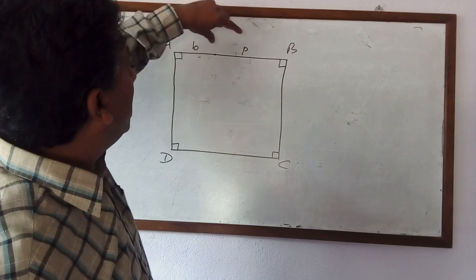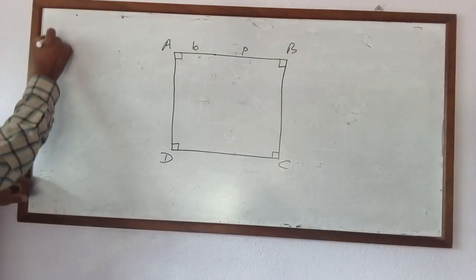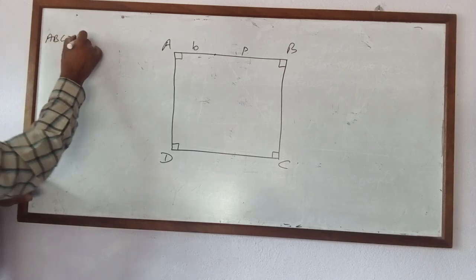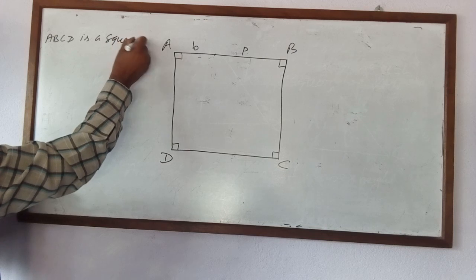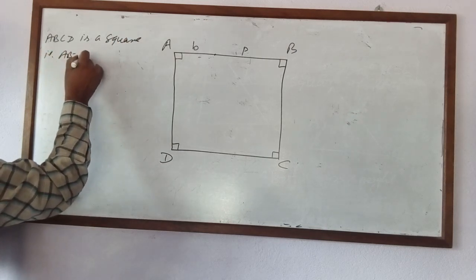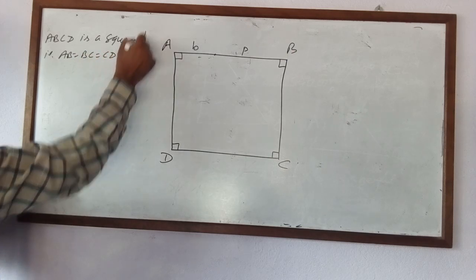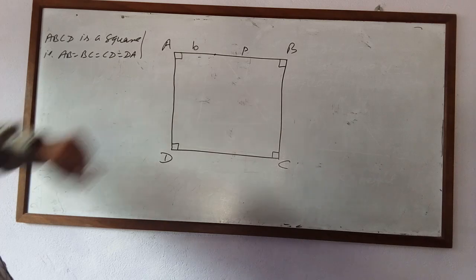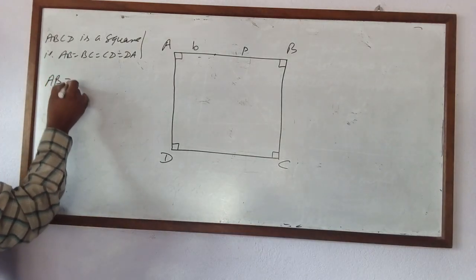I have divided side AB here. ABCD is a square, that is AB equals BC equals CD equals DA. Now side AB I have divided into two.